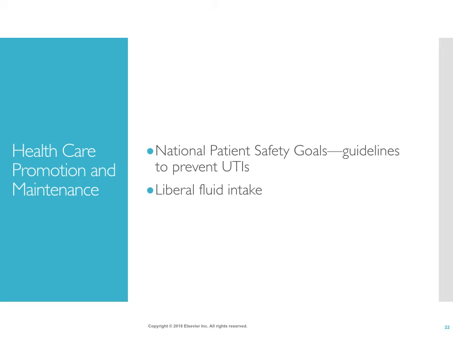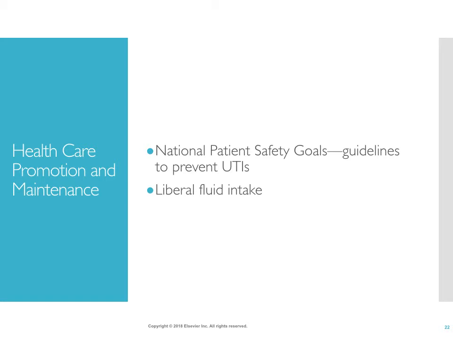So there's National Patient Safety Guideline goals to prevent UTIs. And one of the major ones that they have is using catheters only if it's necessary, and using the catheters for the shortest period of time.